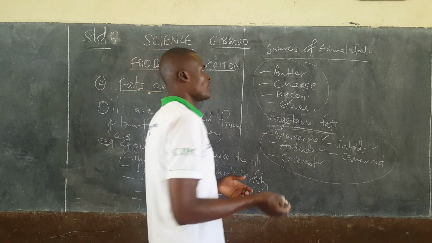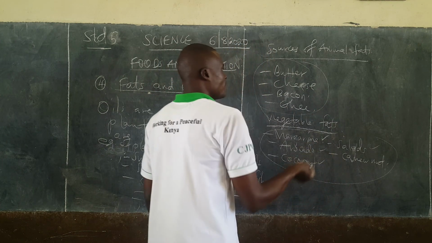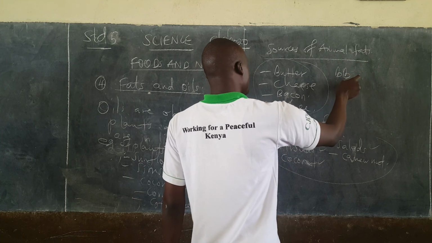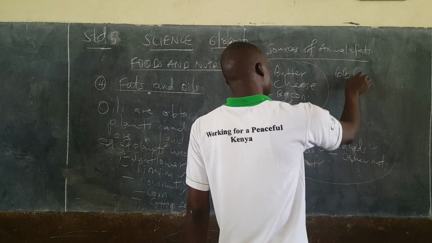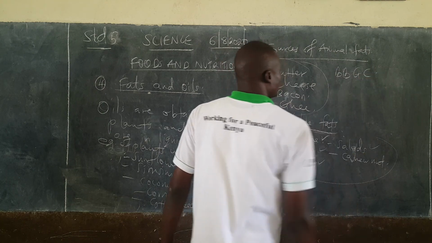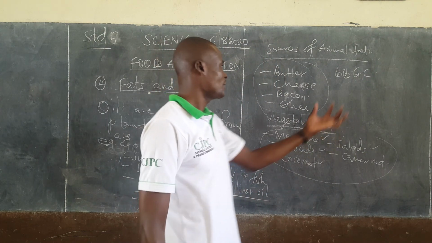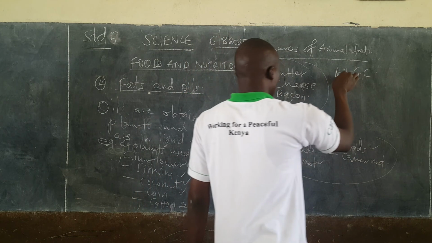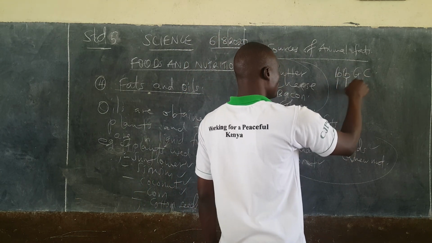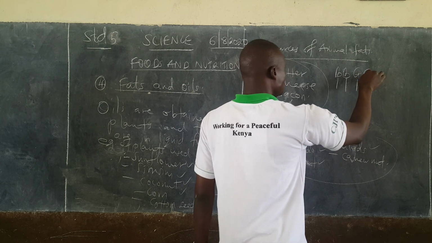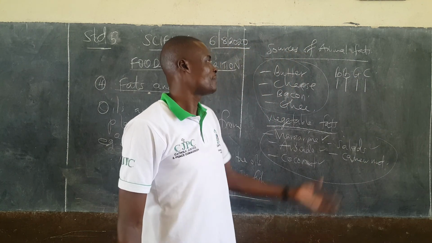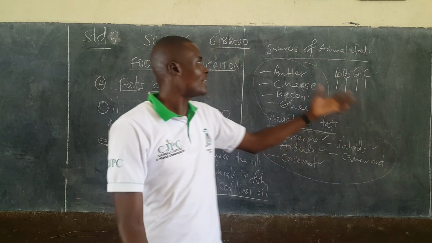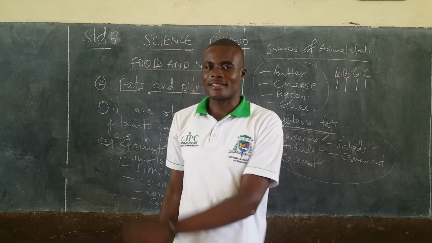If I were you, I could say that the sources of animal fats you can get from BBGC, so that is butter, bacon, ghee, and cheese. As simple as that. Those ones are examples of animal fats.